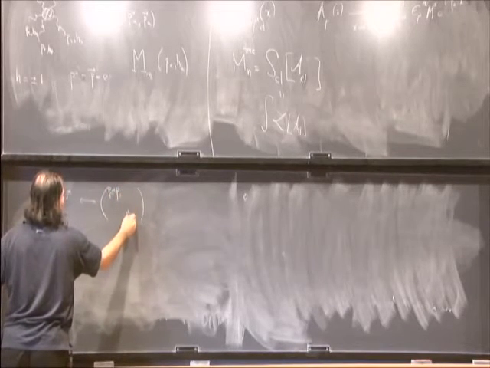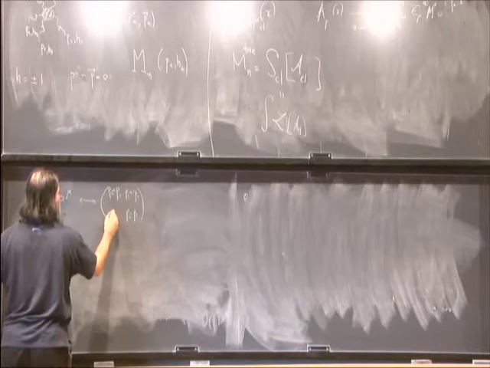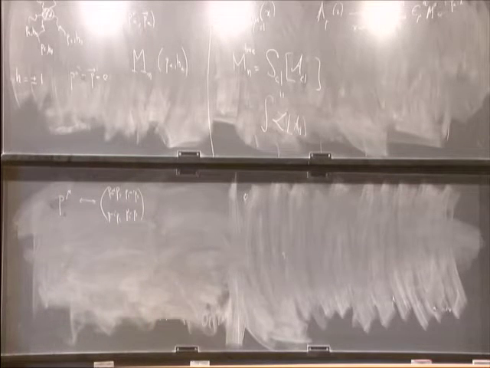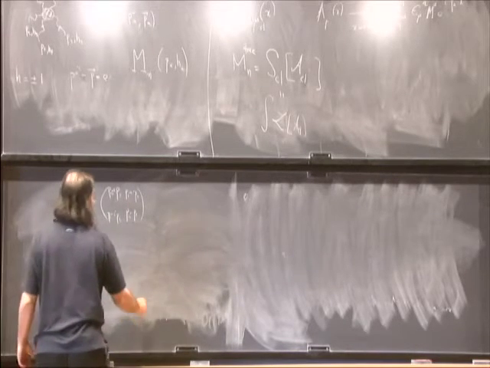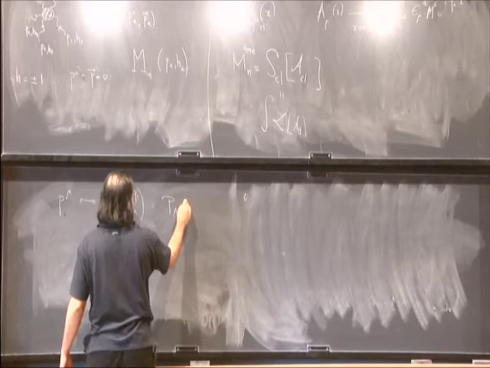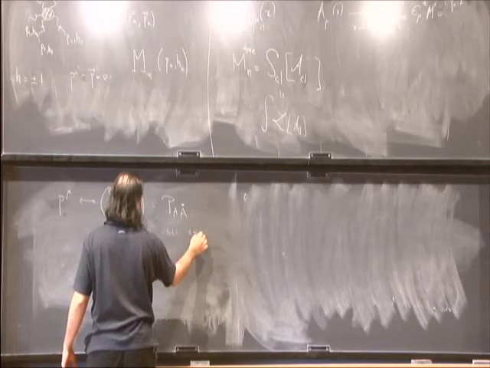If we associate with p_mu a 2 by 2 matrix, something that I'm sure you all know incredibly well, we can call this matrix P_{A A dot}, where A runs from 1 to 2 and A dot runs from 1 to 2.